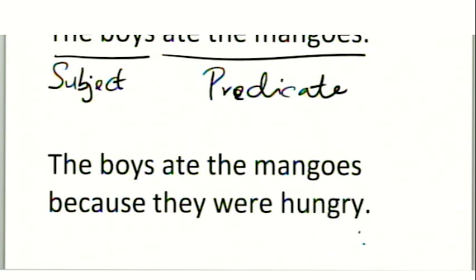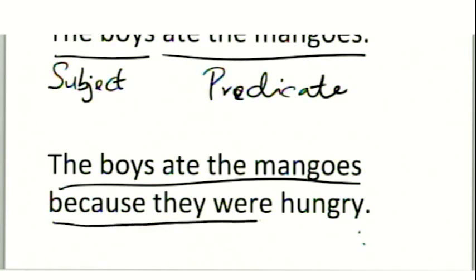Good. In this example, we have two clauses in a sentence. What is the first clause? We have the boys ate the mangoes. If you look at the second part of the sentence, we have another clause, which is because they were hungry.